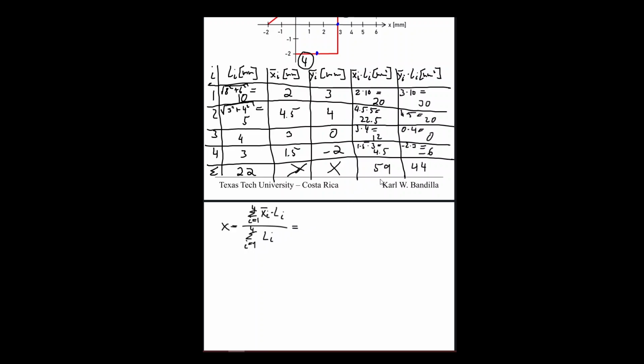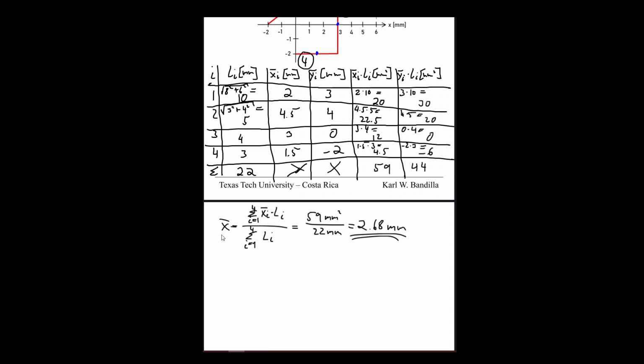And so that'd be 59 millimeters squared divided by 22 millimeters, my Li and my x bar i times Li. And if I plug that in, I get 2.68 millimeters.